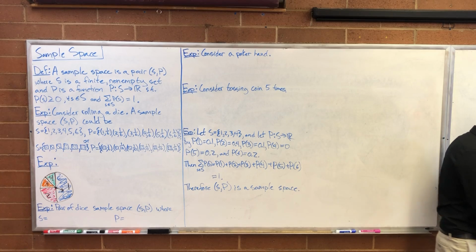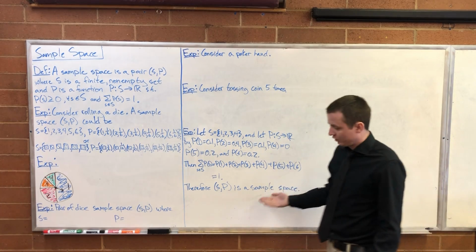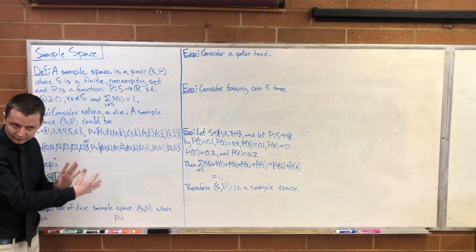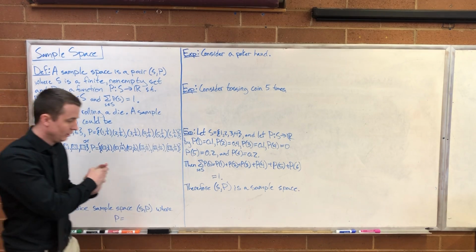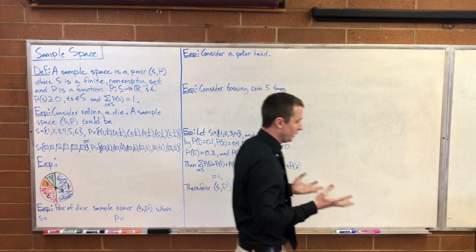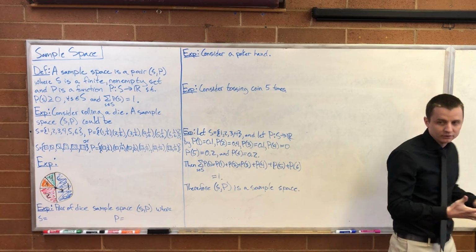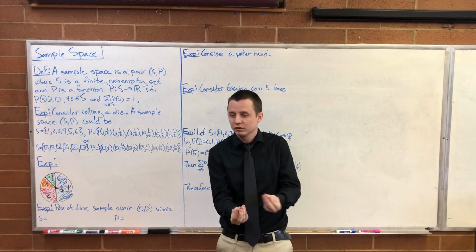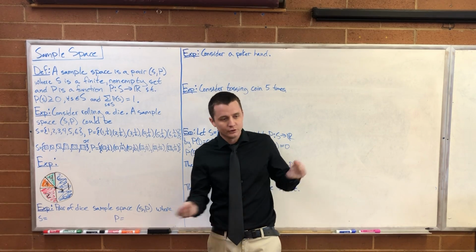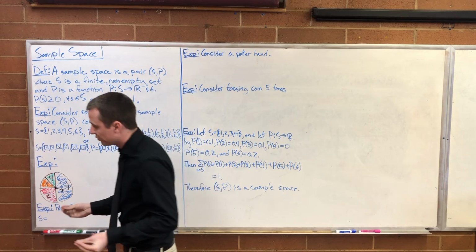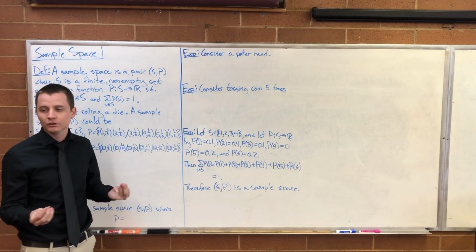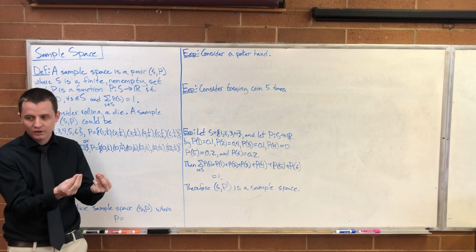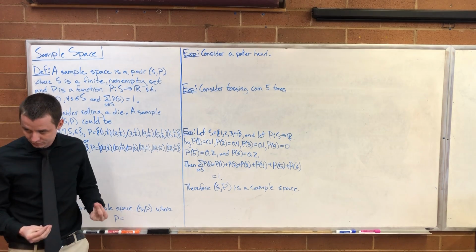Now, you're going to notice as we start chapter 6, we're going to start by building a mathematical model called a sample space. And we're going to use this sample space to calculate probabilities. And at first, since you've already had some education in this, probabilities are very intuitive for you, it's very easy for you to calculate basic probabilities, so it's going to feel very tedious to have to use a sample space to calculate a probability when you already know how to do it.